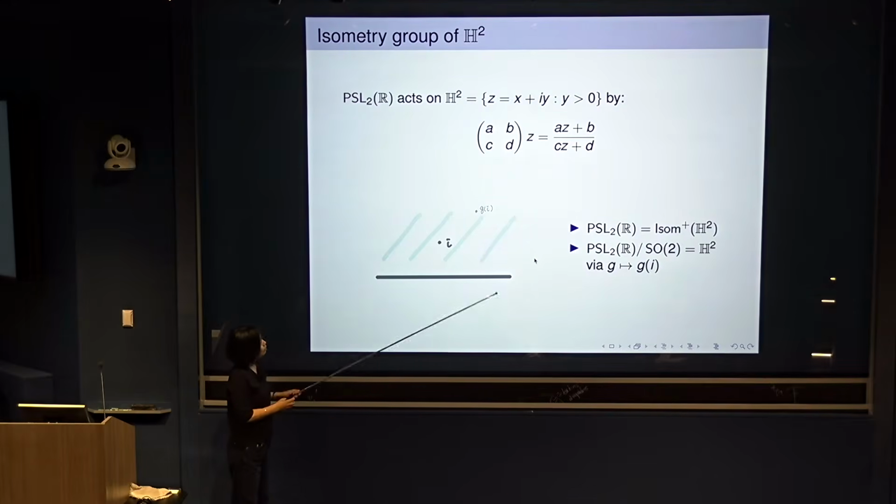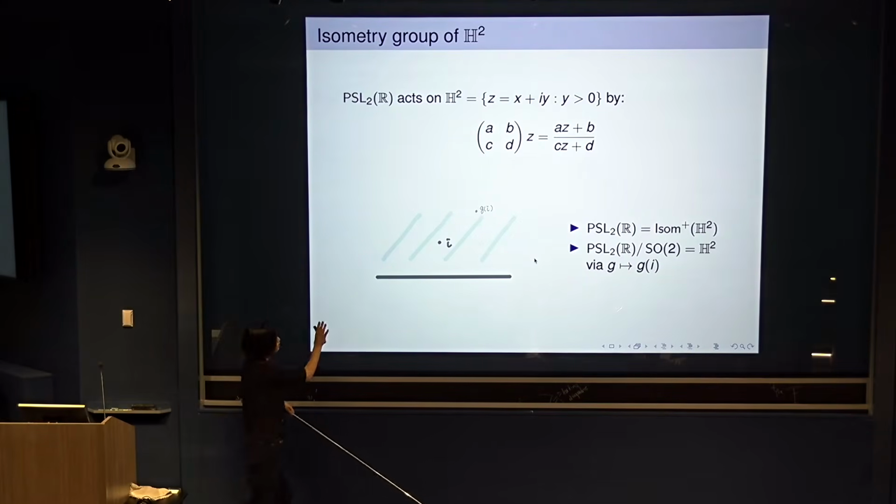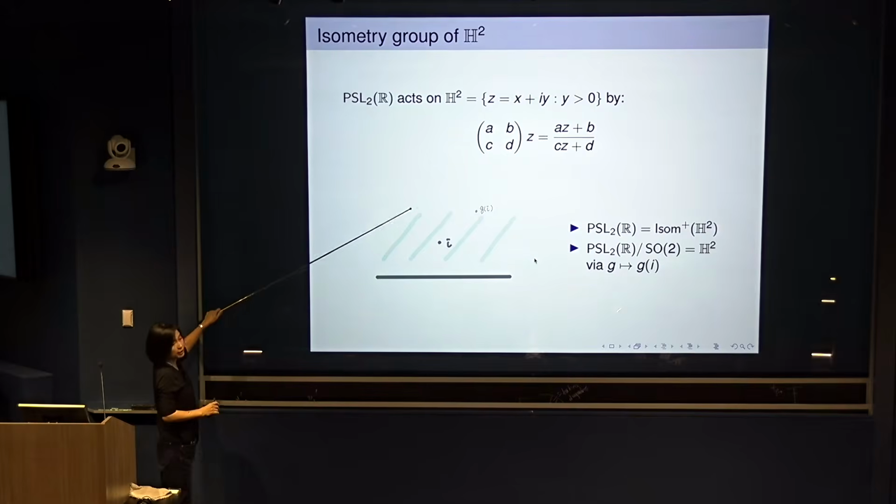So now I just talked about the action of PSL2R on the upper half space. Now let's think about this point i, the pure imaginary number. Then the orbit of this i under the action of PSL2R will give you all of H2. It's easy to see from this action.